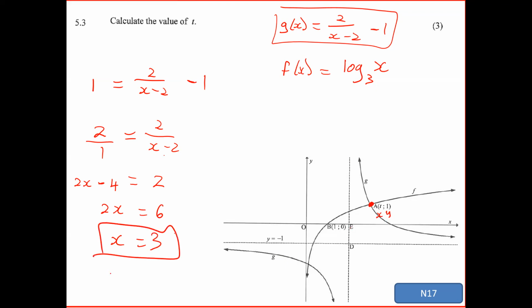And therefore, we can conclude that the value of t is actually 3. Okay, so as you can see, there's our value. The x value there is 3, which is represented by t.